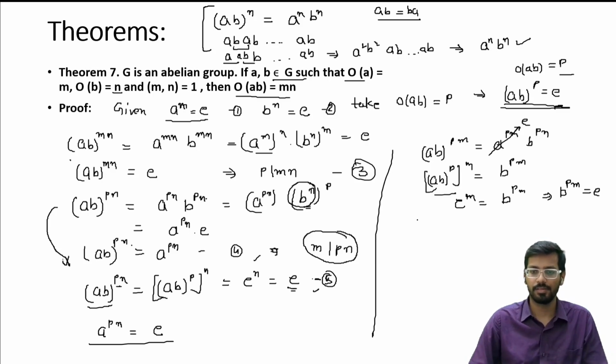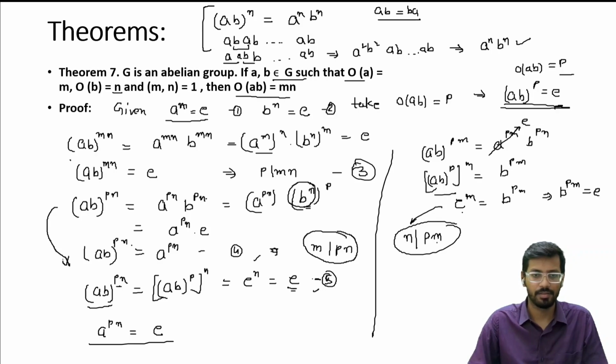Okay, that means from this we can say n divides pm. Okay, now from these two equations we can write m divides pn and n divides pm, mn divides p.